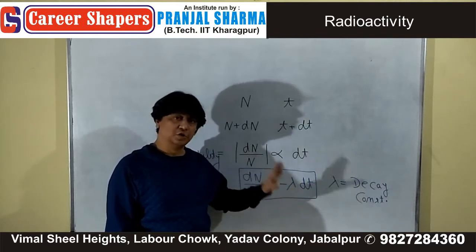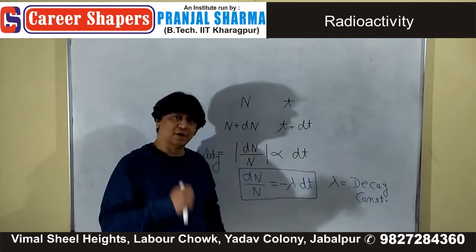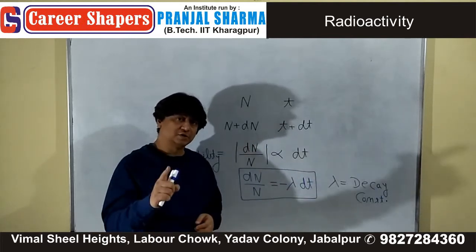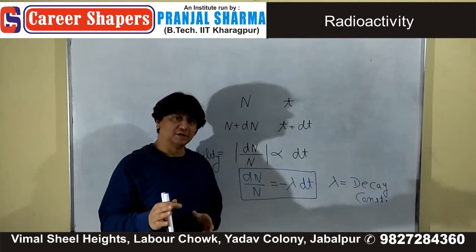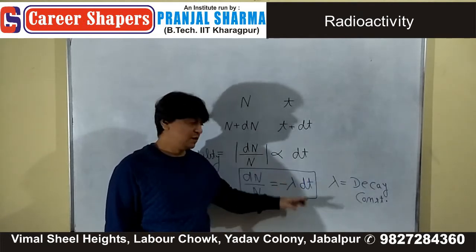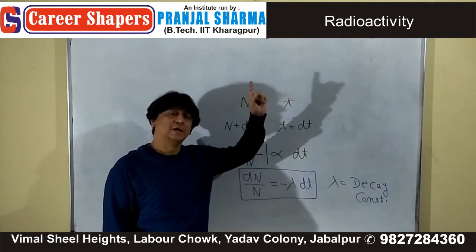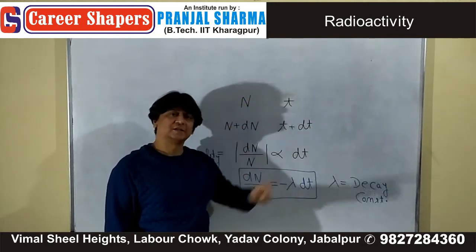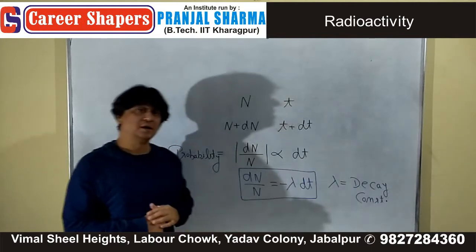It's a universal constant for a given nuclide. Remember it like this. That means for uranium, the value of lambda on Earth, Jupiter, in some other galaxy, at some different temperature, at some different pressure, will remain the same.